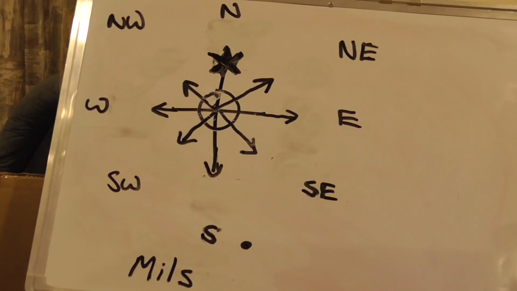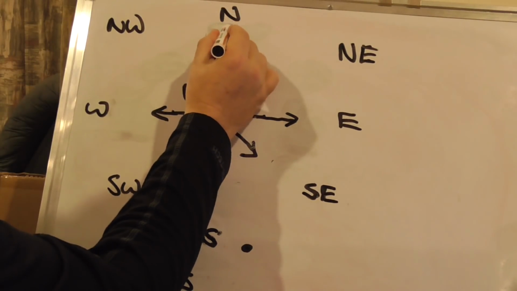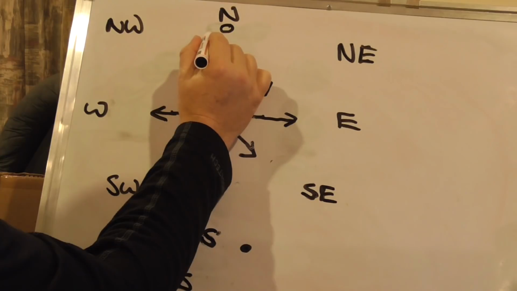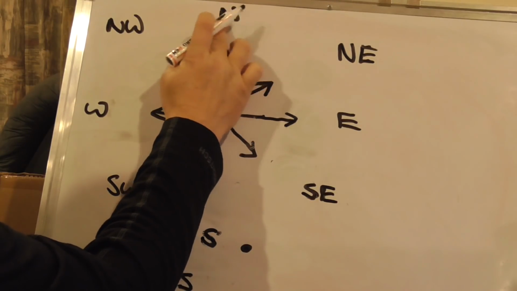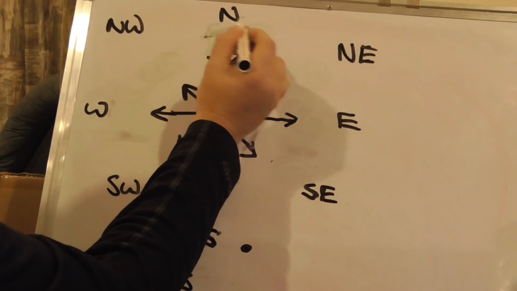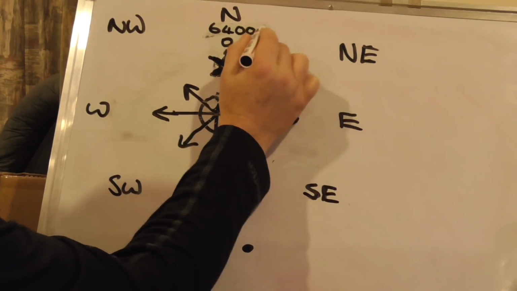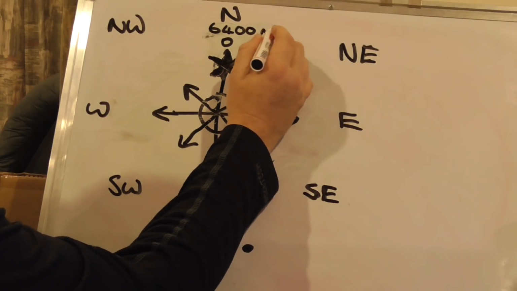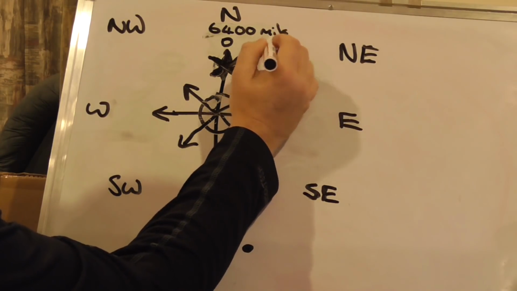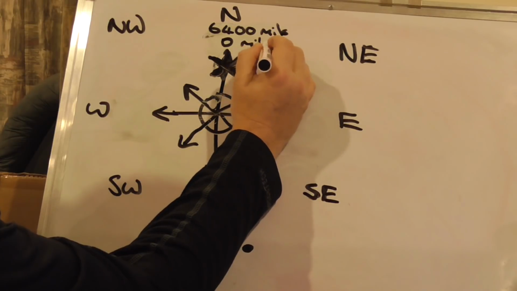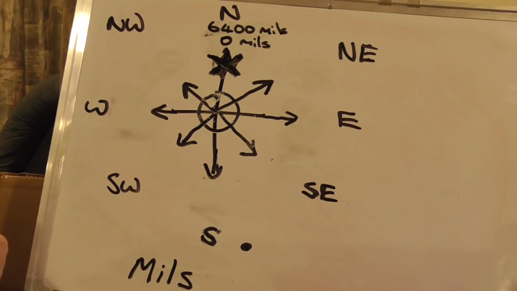Okay, and with north we have either again 0 or, start it here, we have 0 or 6400. So it's 6400 mils, okay, or 0 mils. We don't normally write the mils in, but I'm just doing that to emphasize it.